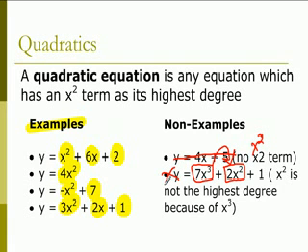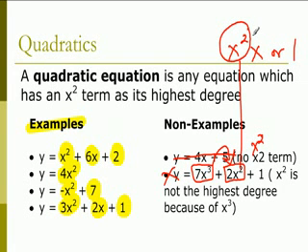So this is not a quadratic because x cubed is higher than x squared. We can only have x squared, x's, or just plain numbers in our equation. Nothing higher than an x squared.